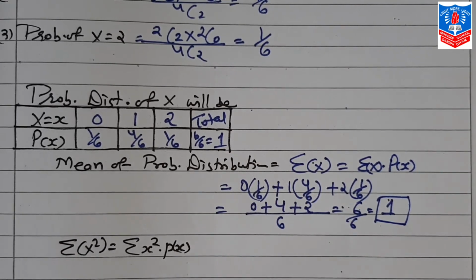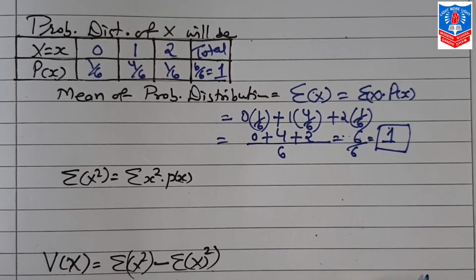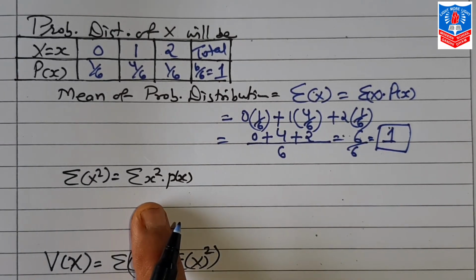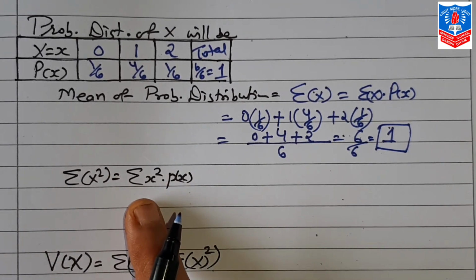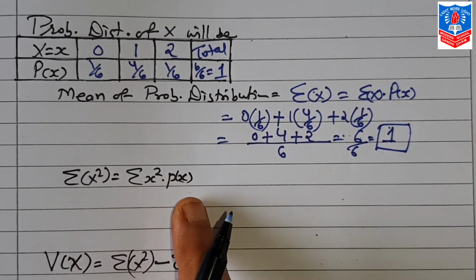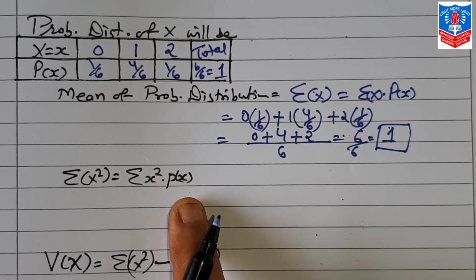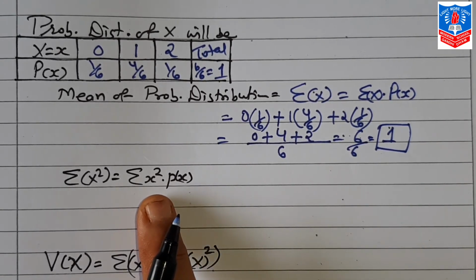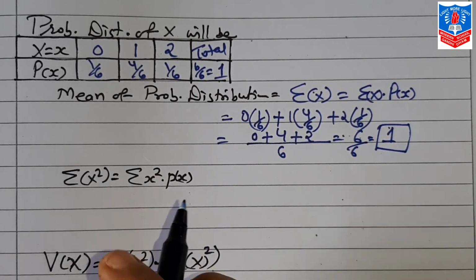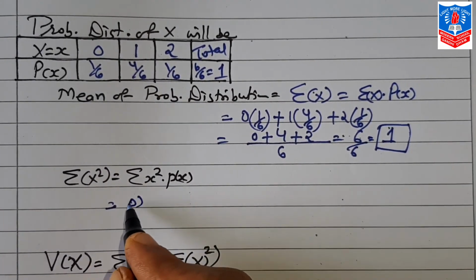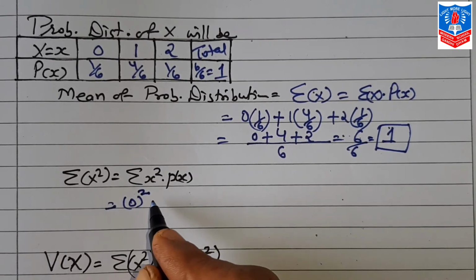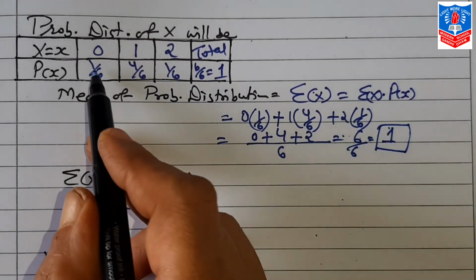Now come to the next, that is variance. For this variance, the first value which we want is sigma x square. And how we find sigma x square? That is sigma x square into px. So first step we find this. Now for that, you can see again, first this will be 0 only, square of which into 1 by 6.